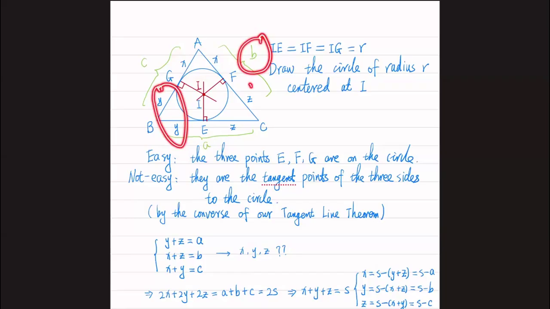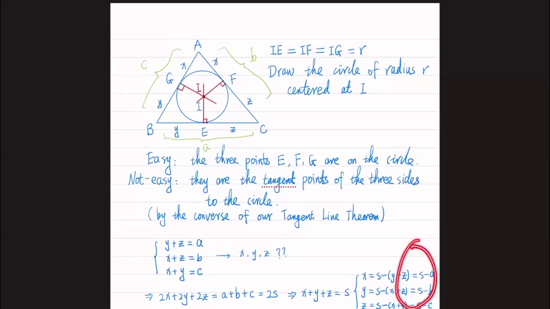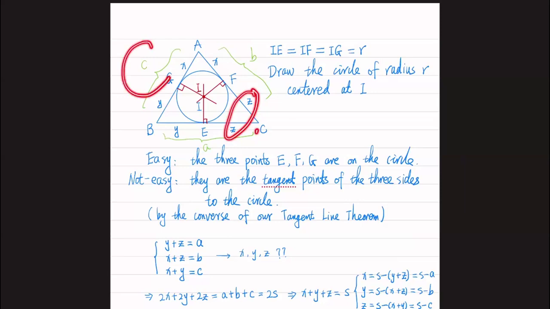We have c here, so this will be s minus c. So how to remember the formulas? For x, it's the half perimeter subtract the opposite side. For the others, next to b is s subtract the opposite side. That's how we remember the formula.